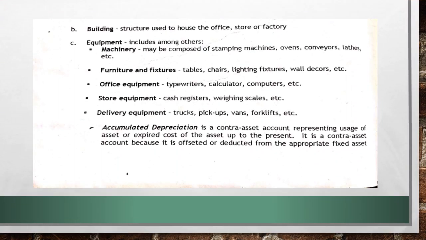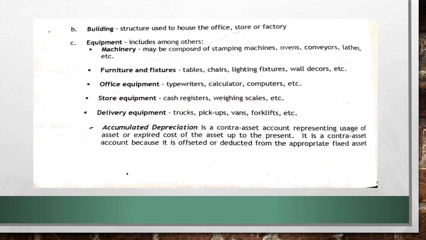Another examples of fixed assets are building and equipment. Building and equipment are subject to depreciation. So when we say building, these are structures used to house the office, store, or factory. Equipment includes, among others, machinery, furniture and fixtures, office equipment, store equipment, and delivery equipment.